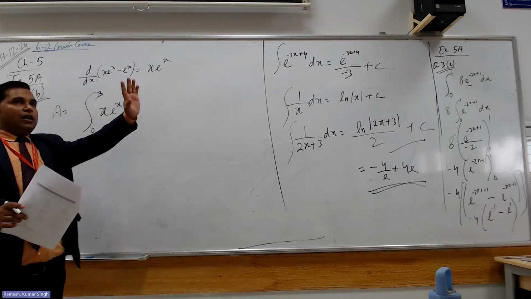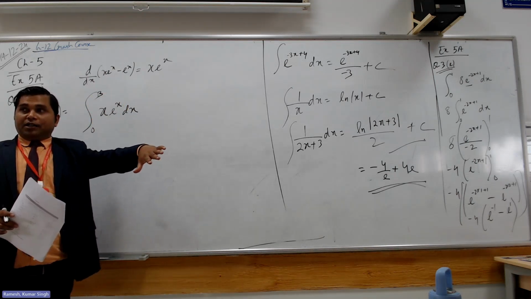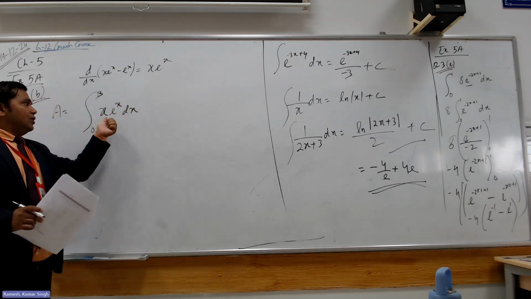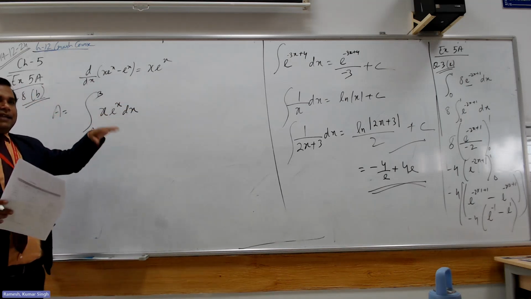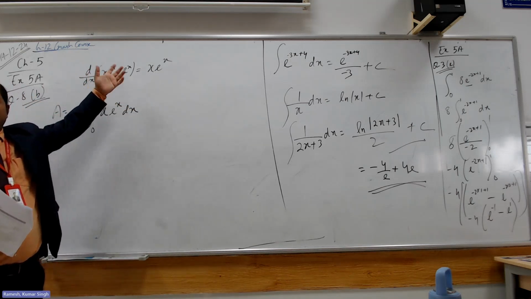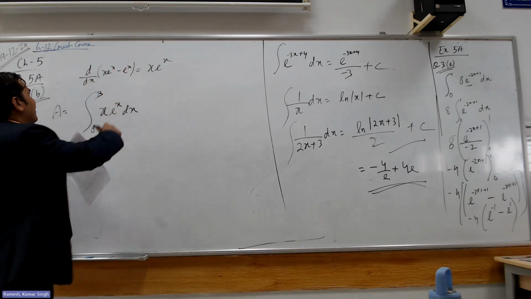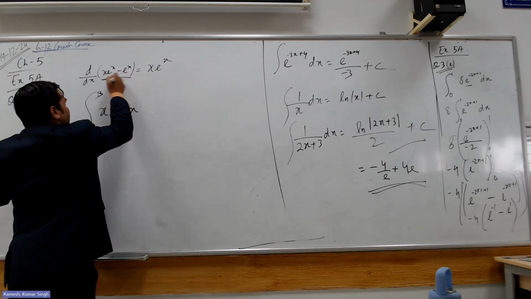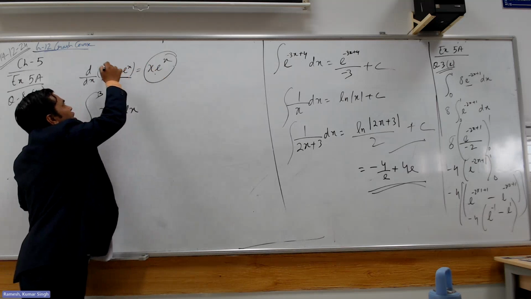There is a method you're going to learn later, integration by parts, where you can do the integration of a product. But the good thing is here they're asking you to use the result of part A. So you already have the differentiation of this as xex. Isn't it that the integration of this is going to be this one?